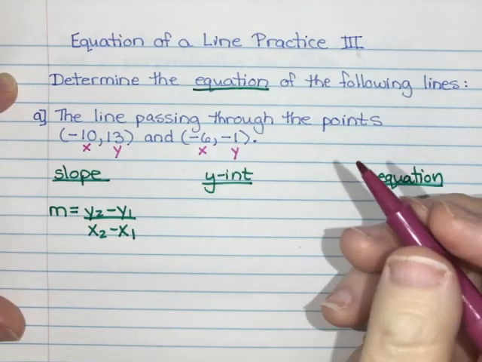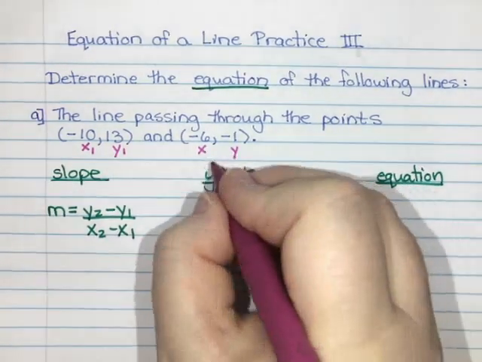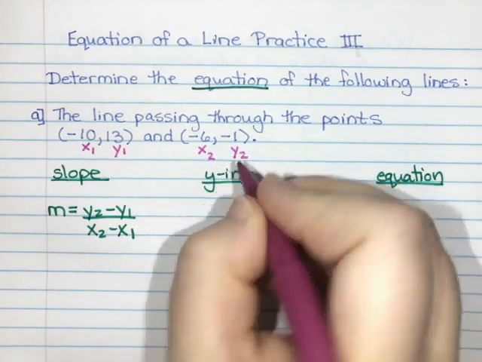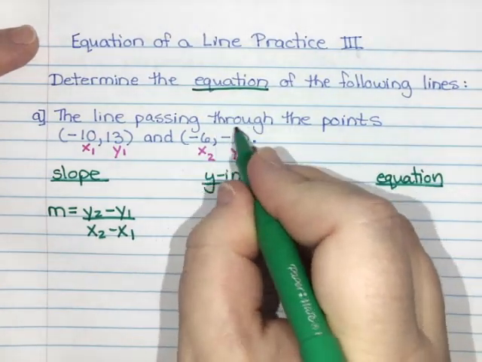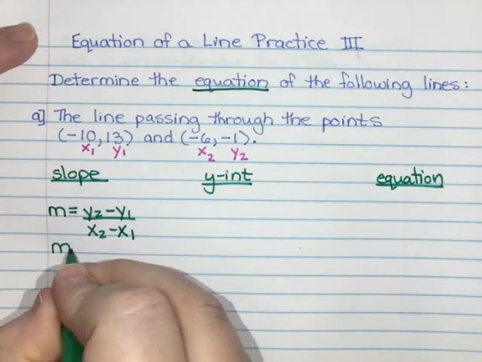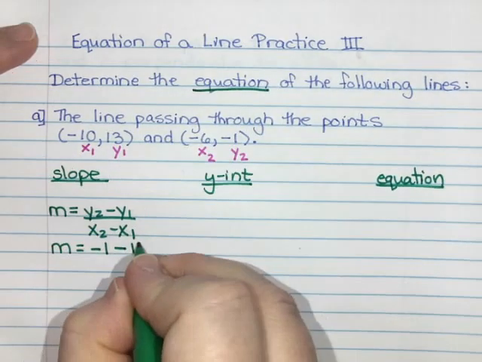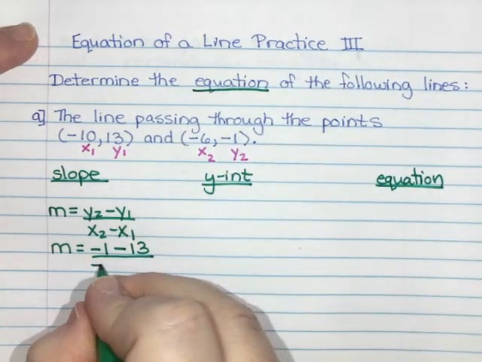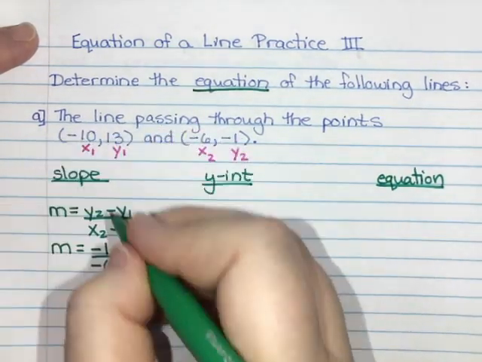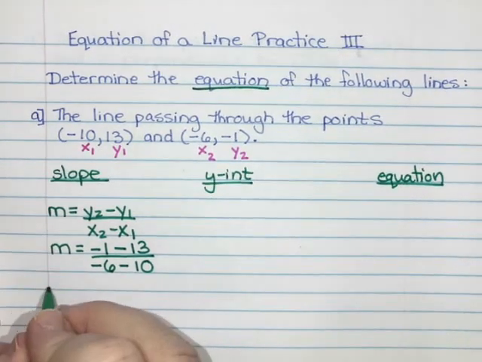And then you're going to choose one of these to be point 1 and one of them to be point 2. Okay, so y2 is -1, y1 is 13, x2 is -6, x1 is -10. A lot of negatives in this one.